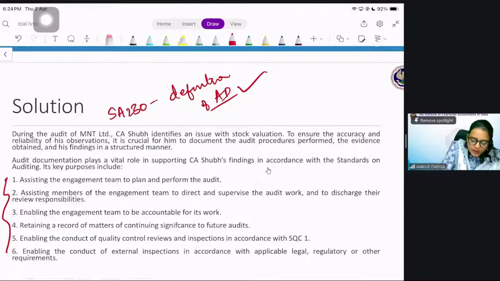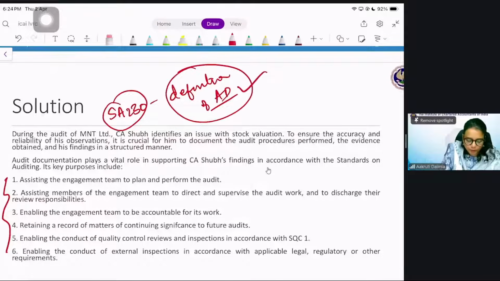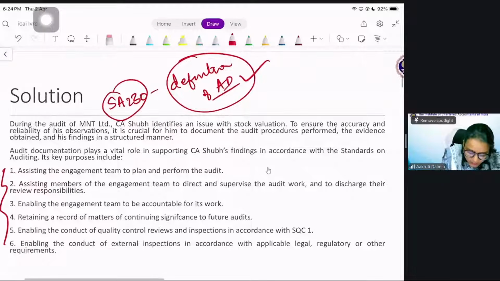आप ये लिखो और फिर साथ में ये लिखो तो अच्छी बात है. If you write this plus you write this, that's good. Audit documentation plays a vital role in supporting CA Shubh's findings as per SA 230.